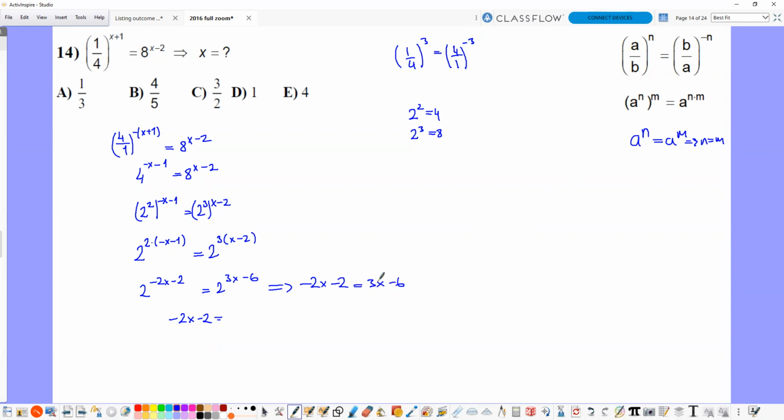Solving this, we move terms across: minus 2x minus 3x equals minus 6 plus 2. This is minus 5x equals minus 4, and x equals minus 4 divided by minus 5, which is plus 4/5.